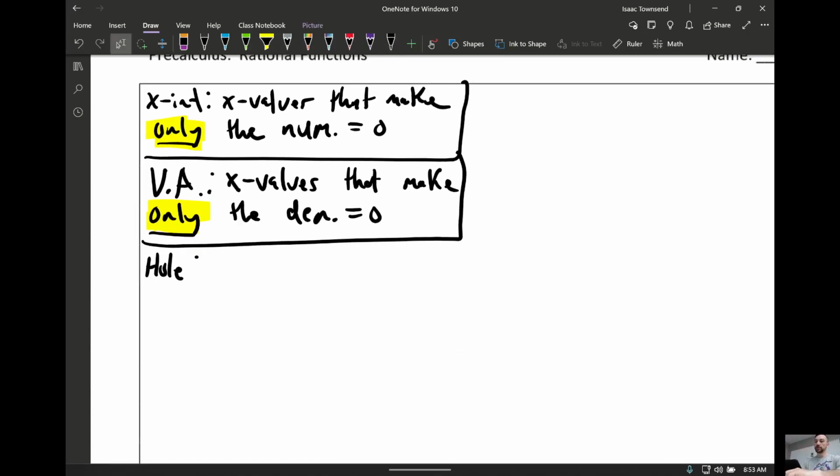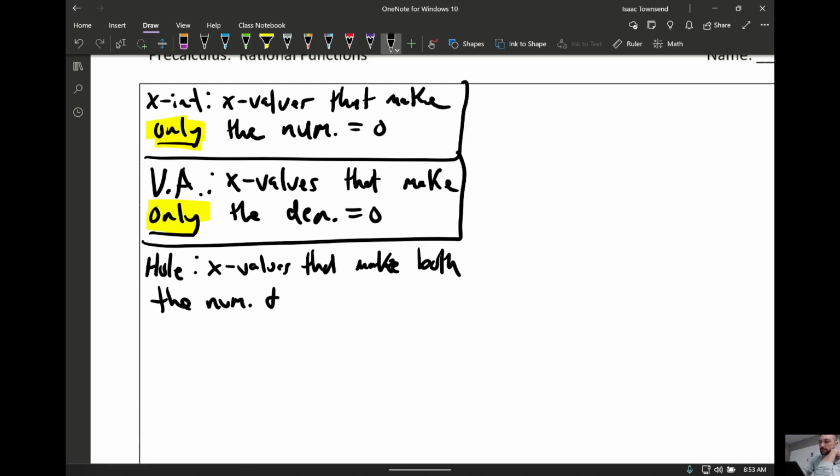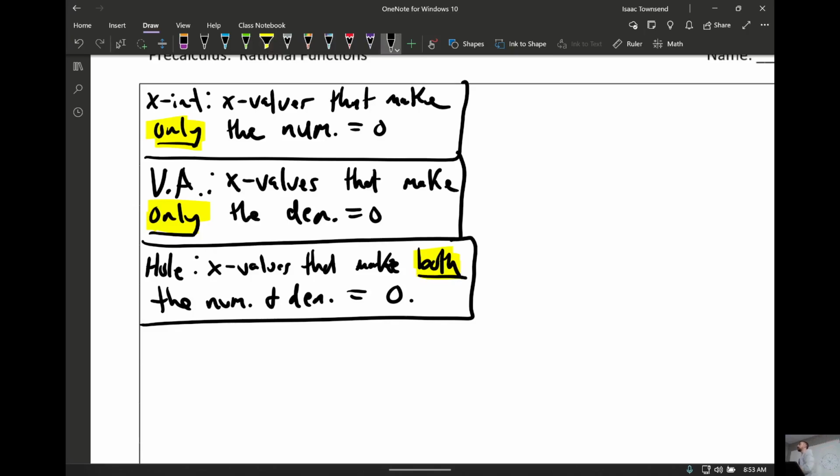And holes were x values that make both the numerator and denominator 0.